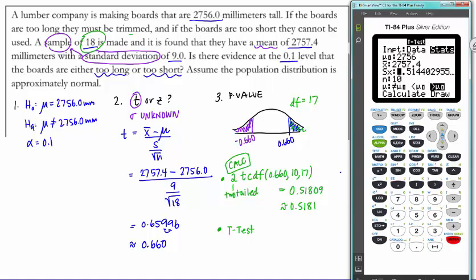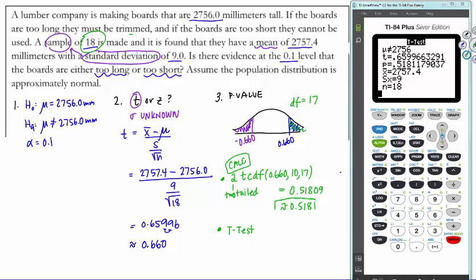Sample standard deviation was 9.0. And the sample size was 18. We're testing two tails, that the alternative hypothesis is not equal to the null hypothesis. This verifies for us the p-value that we found before with the CDF, 0.5181 to 4 decimal places.